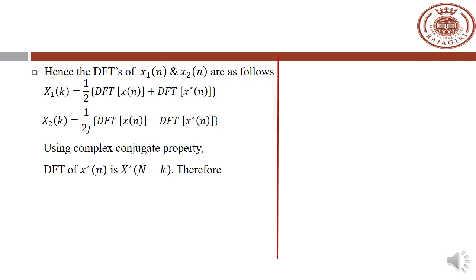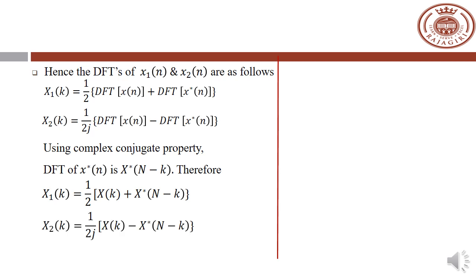Substituting this in the previous two equations, we get x1 of k is equal to 1 by 2 into x of k plus x conjugate of n minus k, and x2 of k is equal to 1 by 2j into x of k minus x conjugate of n minus k. Here, x of k is a DFT of x of n.